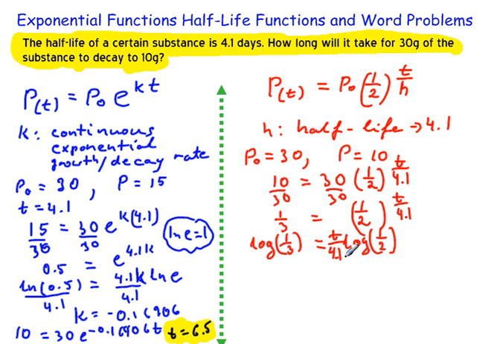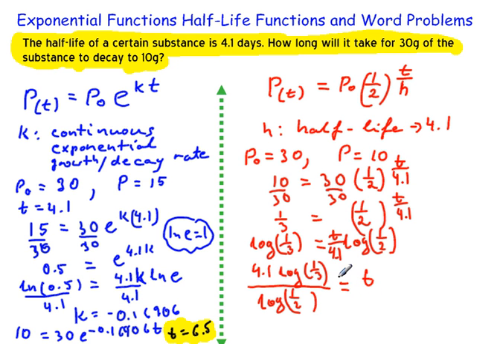So find t. Now you multiply, this is the fraction t divided by 4.1. Multiply by 4.1 both sides of the equation. So 4.1 times log 1/3 divided by log 1/2 should give you t, just by rearranging the equation.